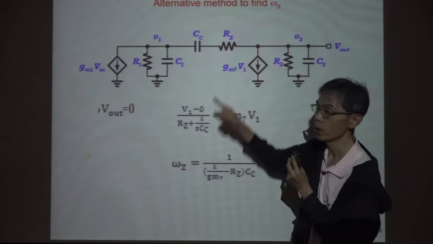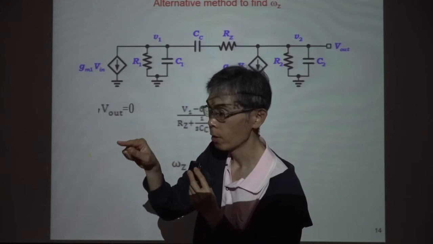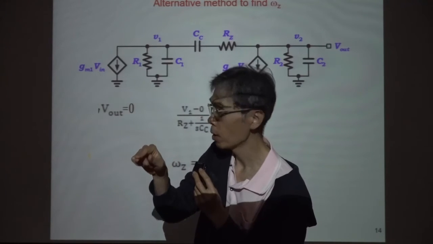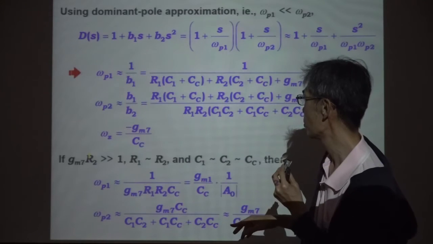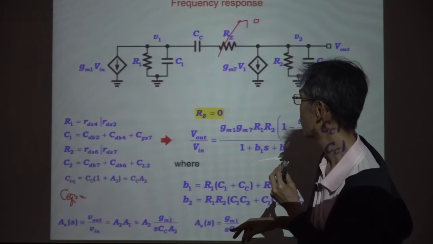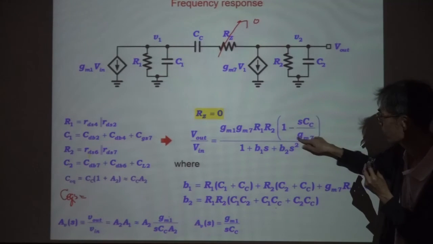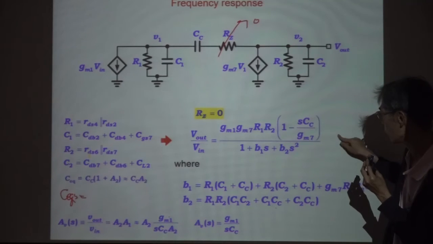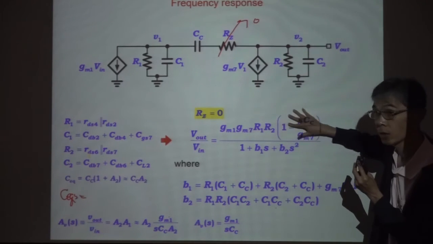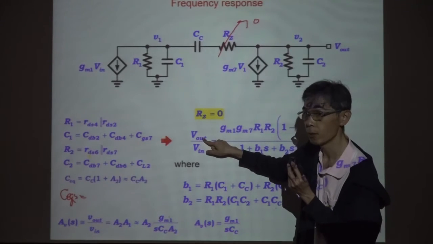If you want to get the zero of V out divided by V in, they need to be equal to 0, so the denominator is 0. If this is 0, it means V out must be 0.